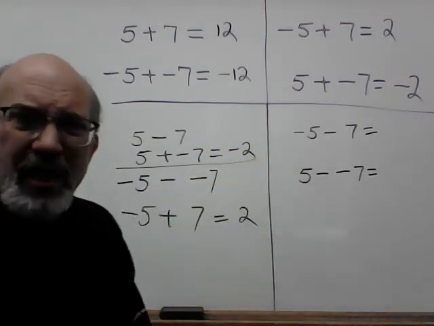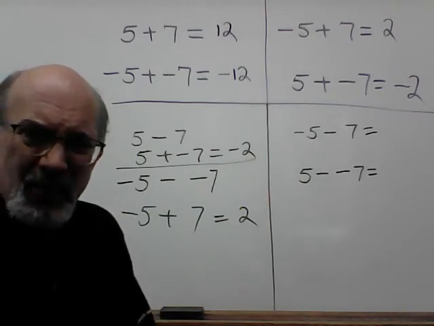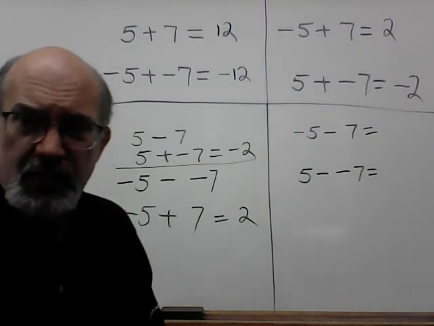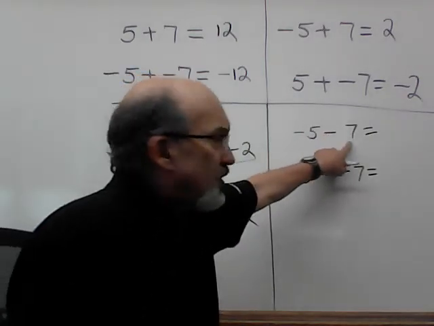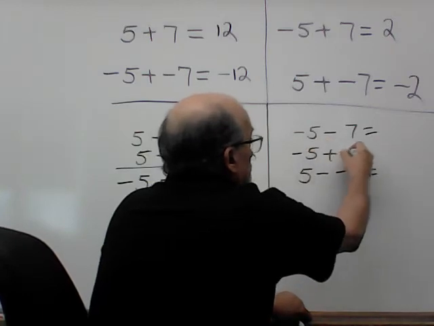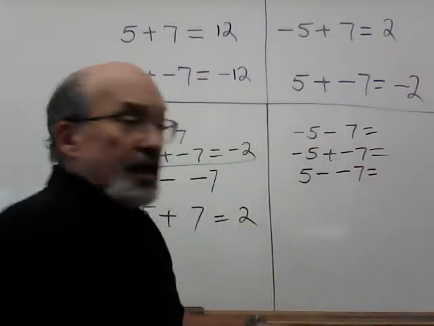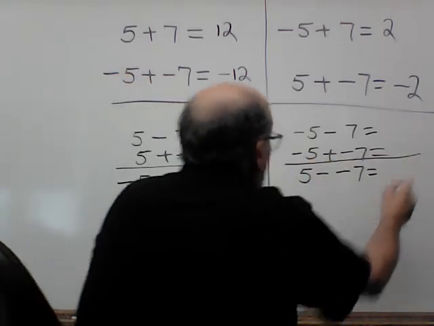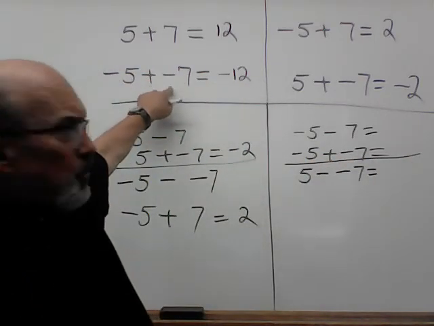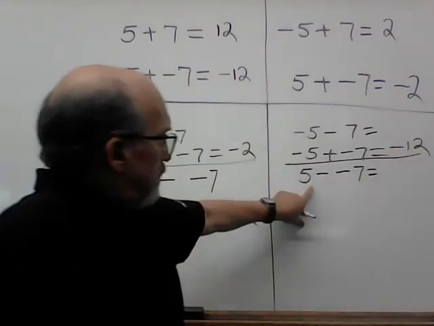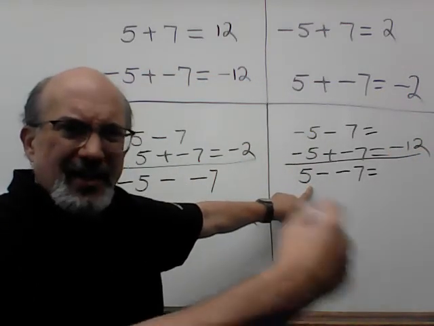Now we move to negative 5 minus 7. Well, how do you subtract 7? You add negative 7. To subtract 7, you add negative 7. Negative 5 plus negative 7. And that, of course, becomes this one, which is negative 12. Here, we're subtracting negative 7.